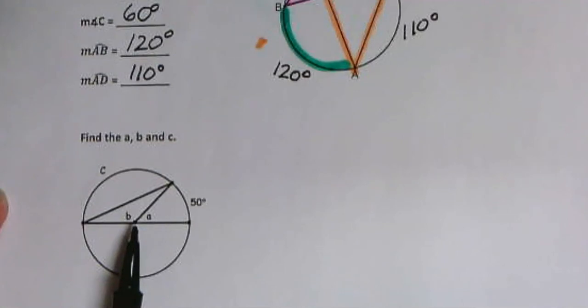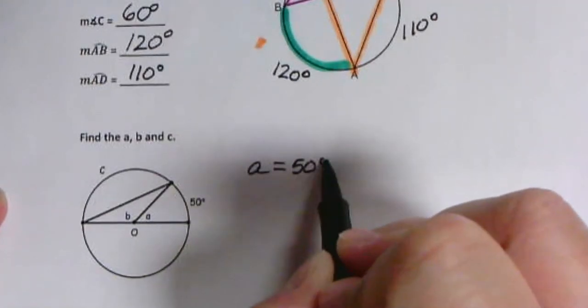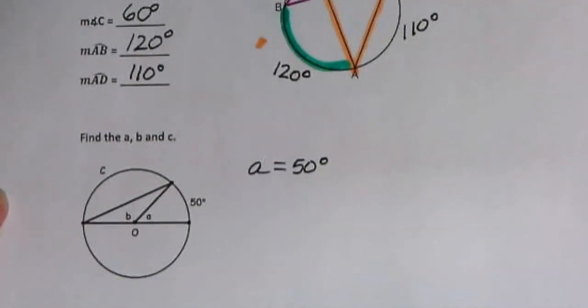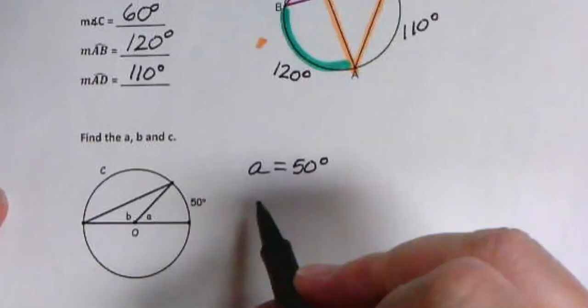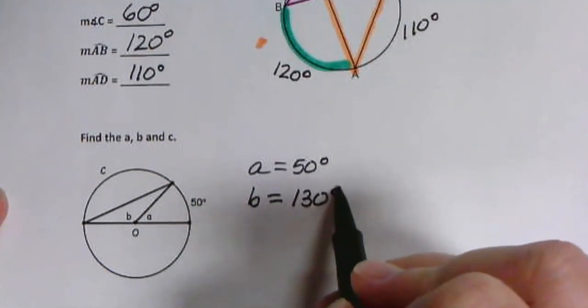Central angles have the same measure as the arc. Angles A and B together make a linear pair, which means they add up to 180. So B is 180 minus 50, that's 130.